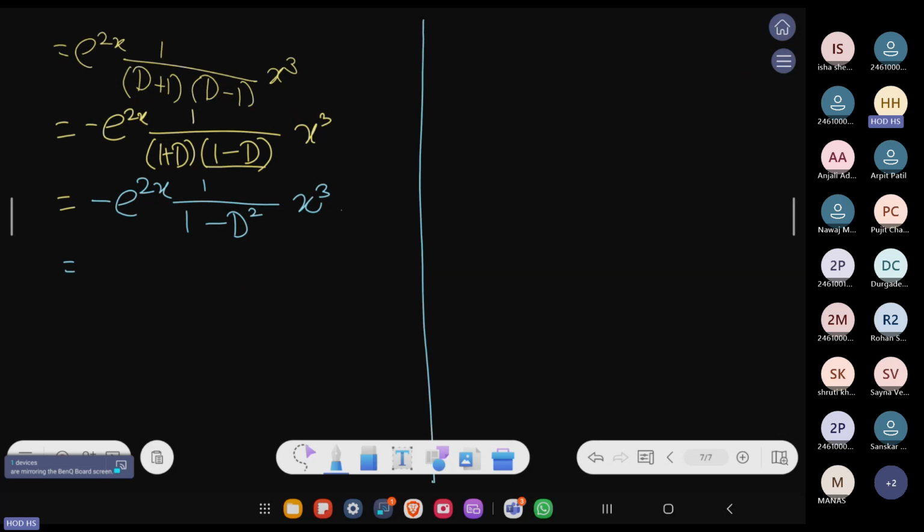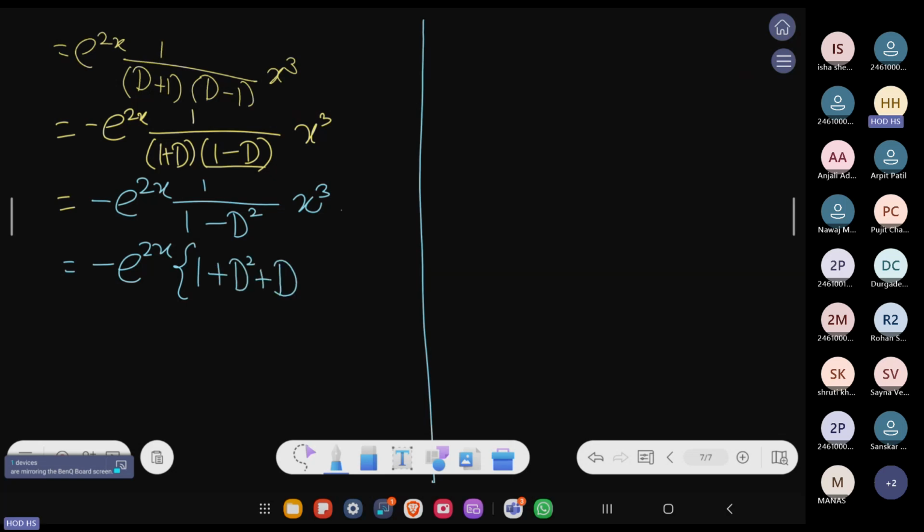Now I will expand 1 upon 1 minus d square. So instead of u, what I will consider? u square. This will give me e to the power 2x into 1 plus u plus u square.